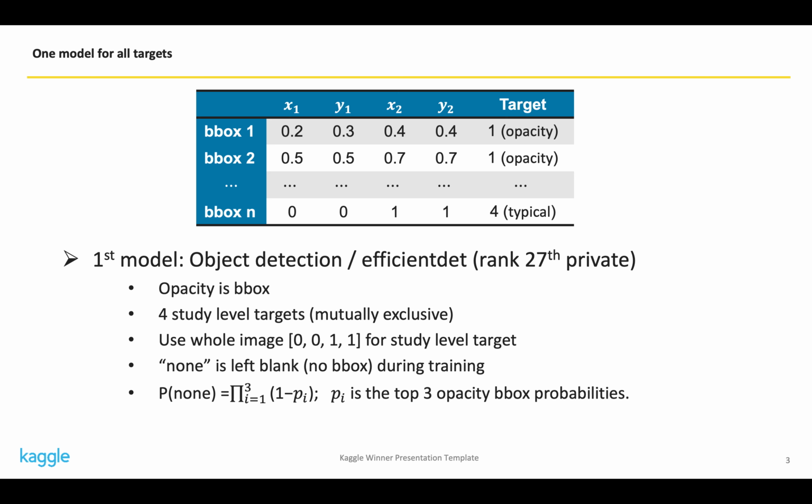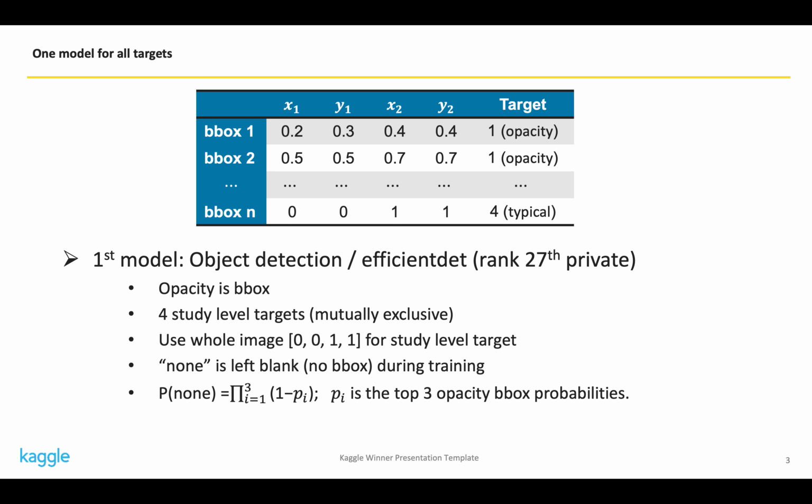Here I used the EfficientDet model, and now the job is to transform the 4 study level targets, which originally are just single class labels, into bounding boxes to serve as input for our detection models.